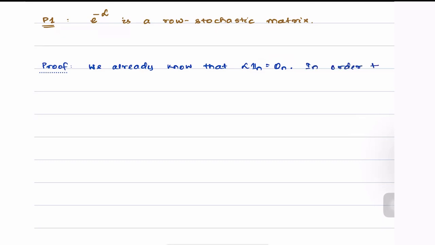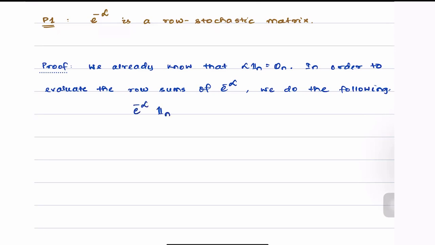In order to evaluate the row sums of e raised to the power minus L, we do the following. We multiply it with 1n and try to calculate what this product is going to be.